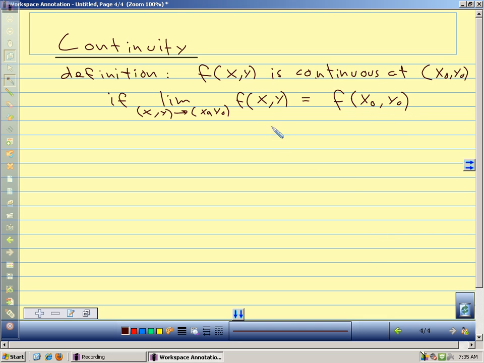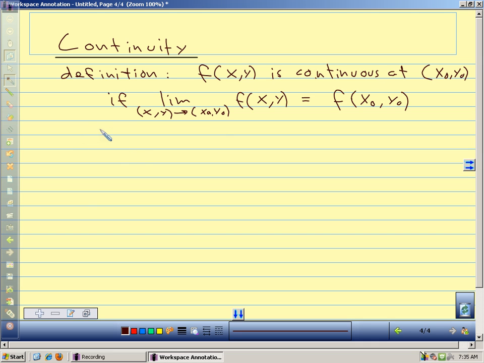So our limit has to exist, and our limit has to be the value of the function at the point that we're interested in, just like with single variable functions. Our ideas from continuity for single variable functions carry over to multivariable functions, just like they did for limits.